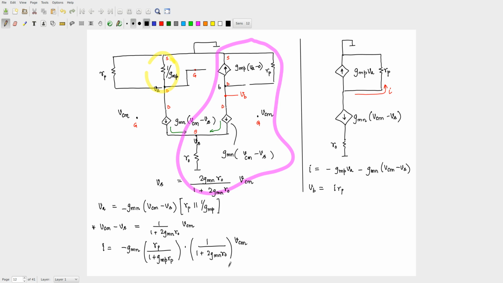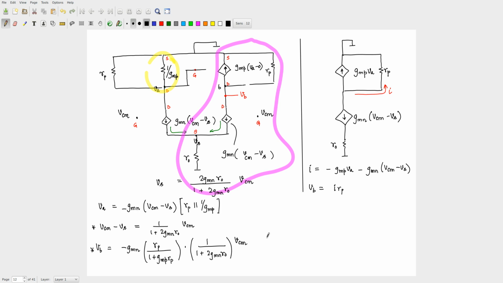Correct? Sorry, this is not I, this is Vb. Show that this is the case. Very straightforward. You have the value of I here, you have the value of Va, so take this Va, and you have the value of Vcm minus Vs, put it there, and you have all of this. Alright?